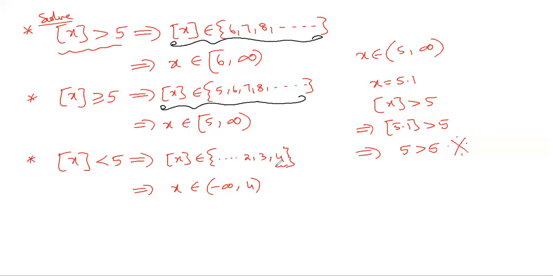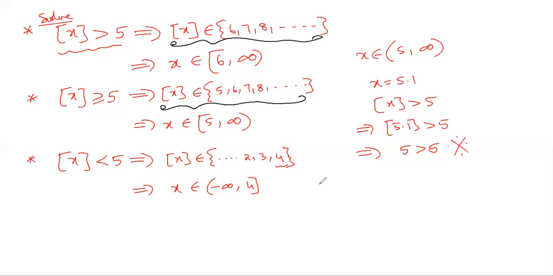Then you will never get 4, right? Open interval 4 means you will get only up to 3. 4 is also allowed for the integral part. This won't include 4. So it should be closed interval 4.